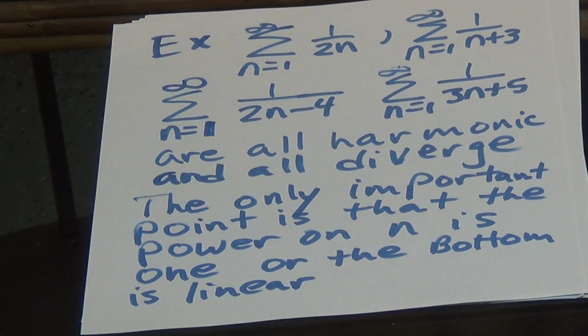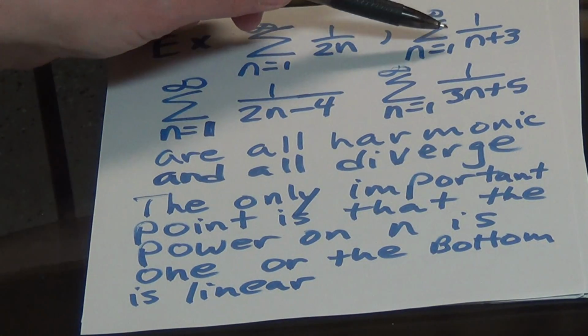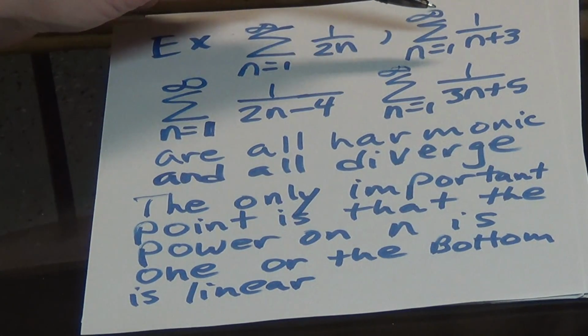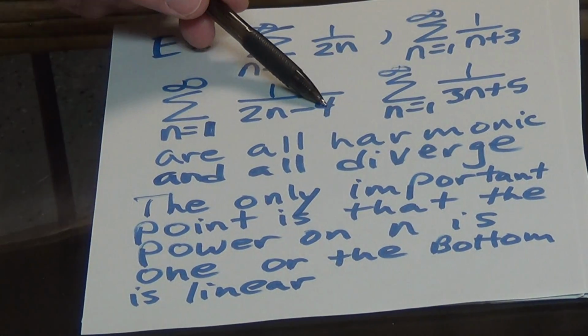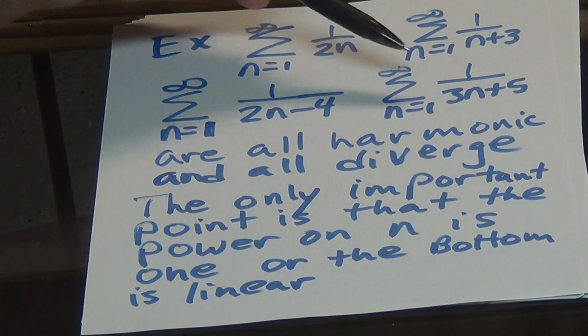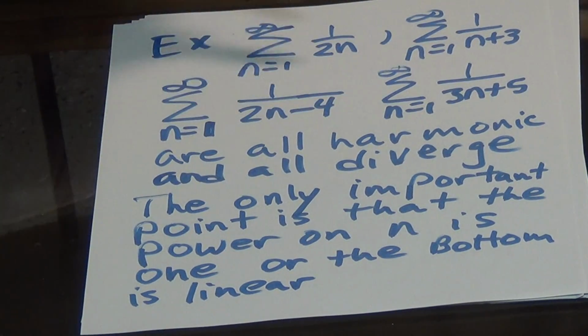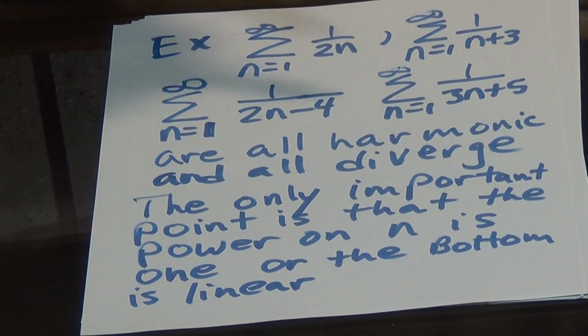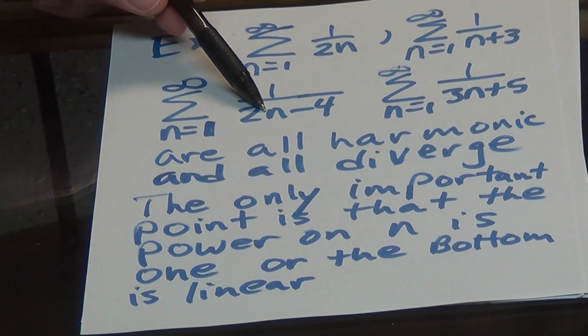Here's some examples. You can put a 1 over 2n, add 3 on bottom, 1 over n plus 3. Put a coefficient, subtract 4. Coefficient, add 5. All of these are harmonic. What makes them harmonic is the first power of n.